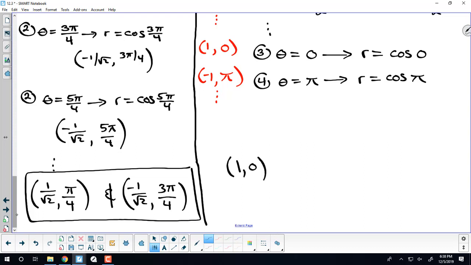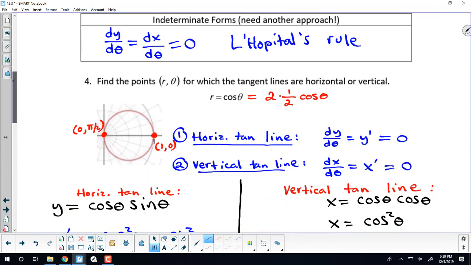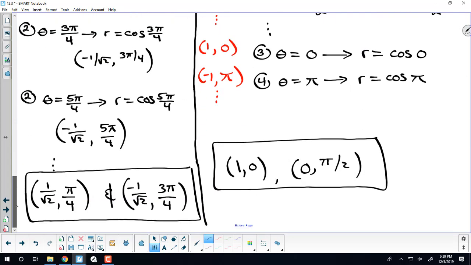We had an r of 1, a theta of 0, and an r of 0, the theta was pi over 2 for a vertical tangent. And so in terms of our polar graph here, our polar coordinates, we also have the location of these 2, which are our horizontal tangents. Do y'all have any questions on that?